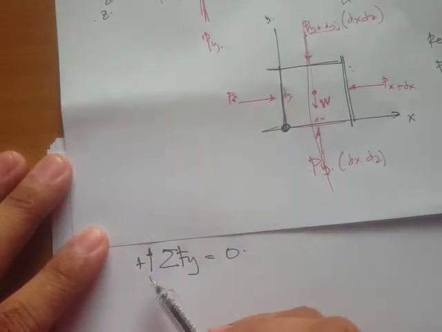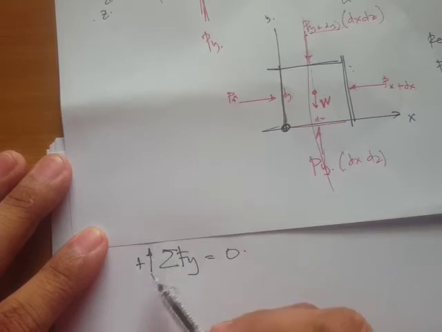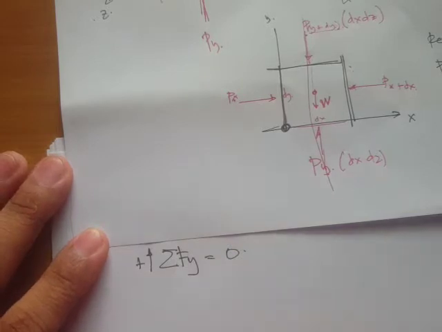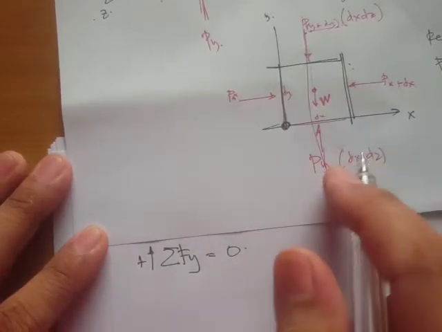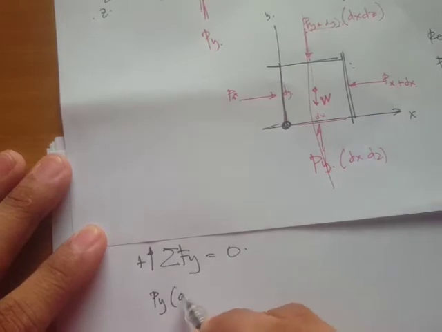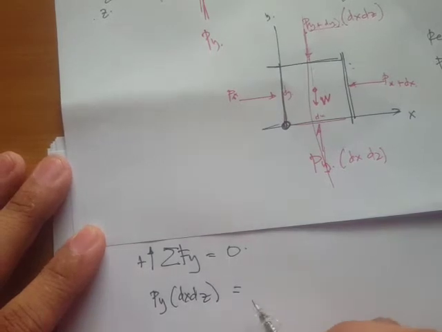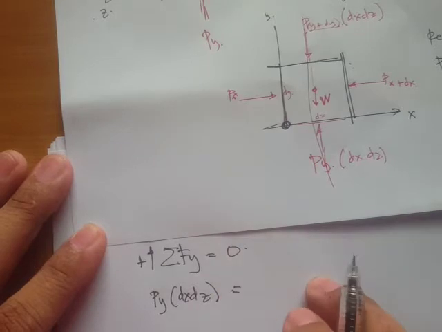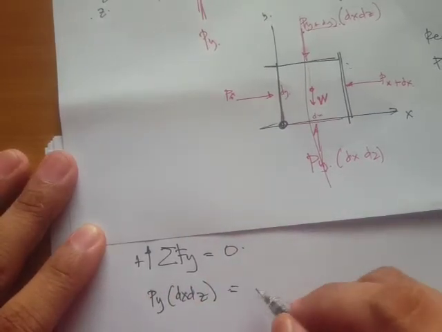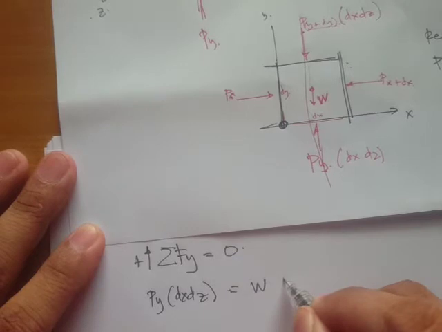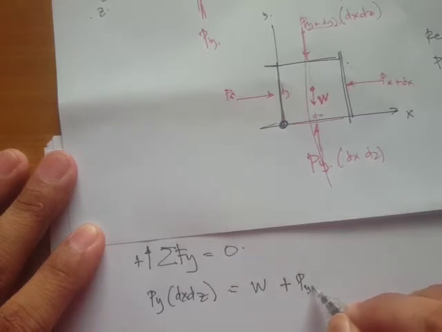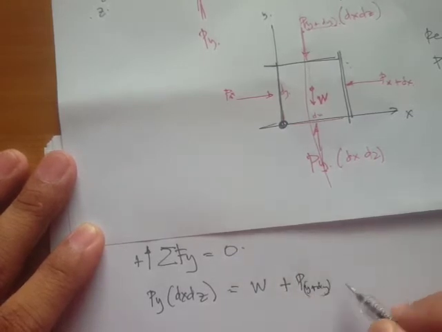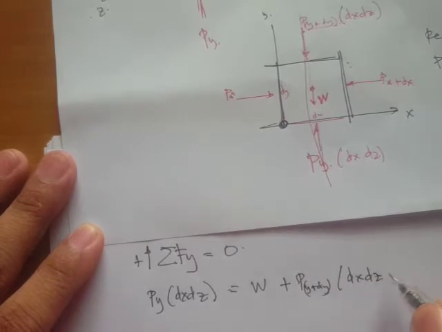Meaning that all forces acting upward would be positive, and all the forces acting downward would be negative. So py times dx dz is equal to, instead of writing down the negative here, I just want to transpose it to the right side. So that's equal to w, the weight, plus py plus dy times dx dz.